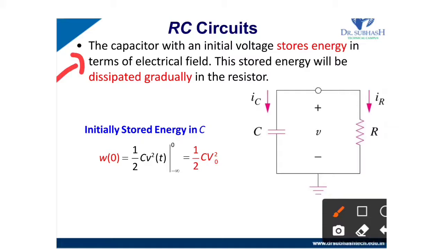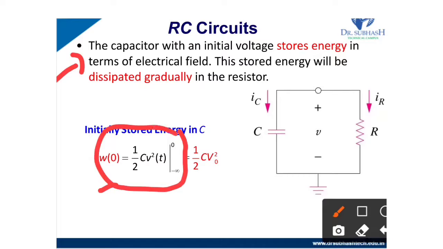So the initial stored energy in the capacitor, W equal to 1 half C v squared of t, and the time is from the past charging time to the present time. It means it was charged in the past. So our limit is minus infinity to 0.